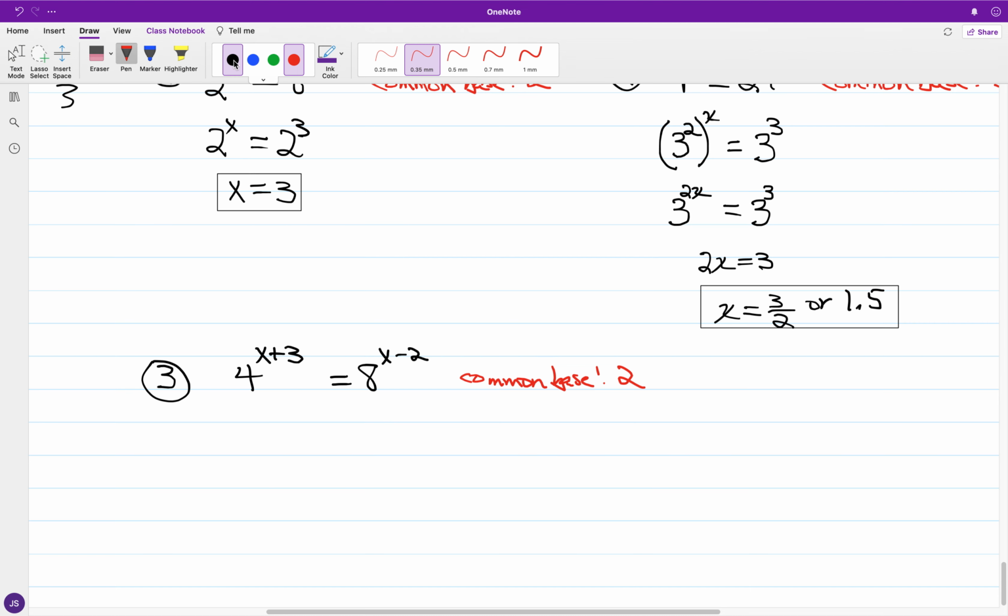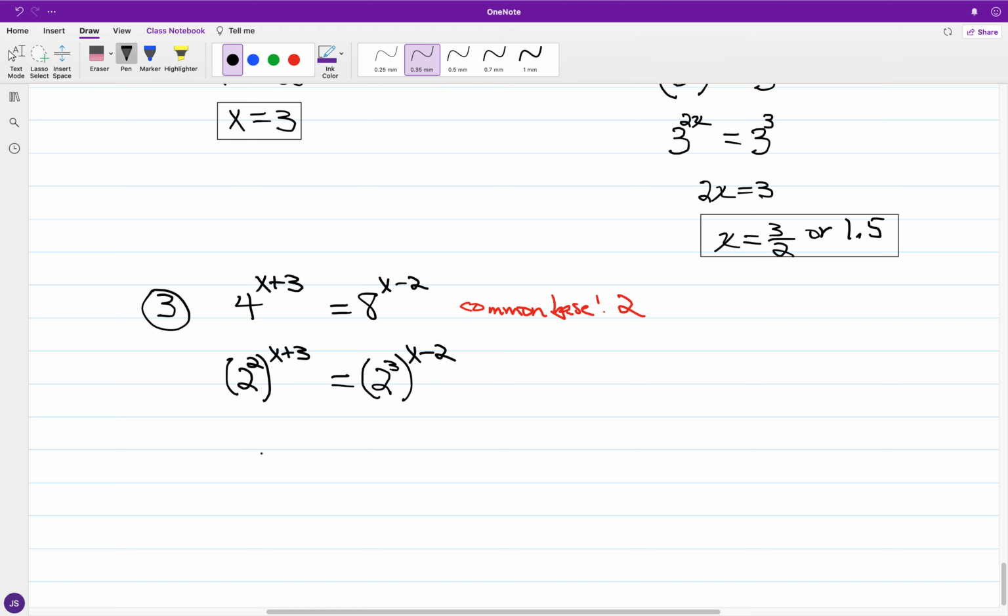But we do have both 4 and 8 as such with respect to base 2. So for 4 to the x plus 3, 4 is going to be 2 squared, taken to the x plus 3. And 8 is going to be 2 cubed, and we have to the x minus 2.